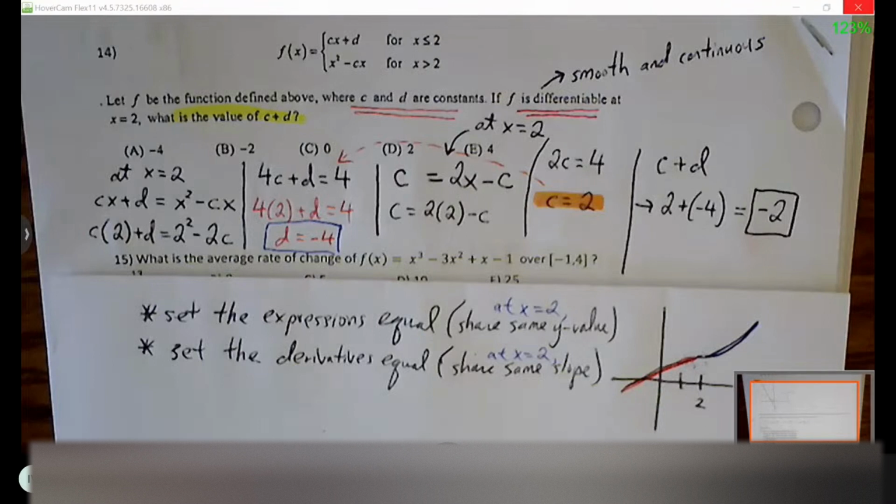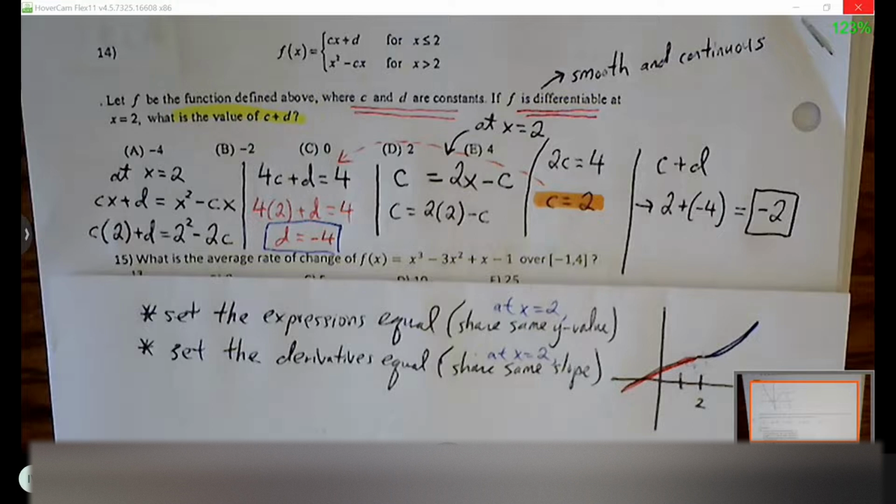Now 17 is a little bit different where they give you the slope, you have to work backwards with the derivative to get to the x value. Once you get the x value, put it into the original equation to get the y value, then you get your ordered pair and then use your ordered pair and slope to do point slope. Okay, but I want you guys to try those on your own when you're working on your homework. So 17 is another calculator question.